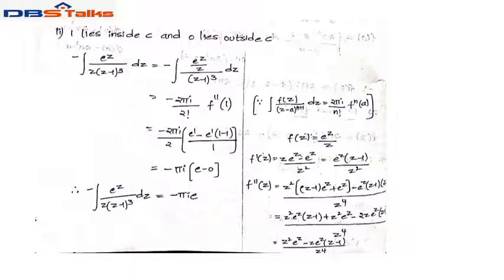So minus 2 pi i by 2 factorial into f double dash of 1. Minus 2 pi i by 2 is minus pi i. F double dash of z is this value, (z square e power z minus z e power z into (z minus 1)) by z power 4. F double dash of 1: substitute z equal to 1. We get e power 1 minus e power 1 into (1 minus 1) by 1, that is e. So the final value is minus pi i e.